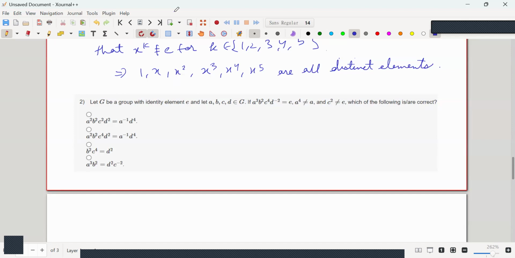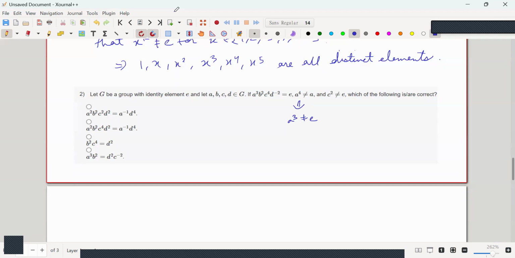So only one relation is given, and also A4 is not equal to identity, or C square is not equal to identity. So this implies A cube is not equal to identity and C square is not equal to identity is given. So using this equation only, you need to solve these four statements.